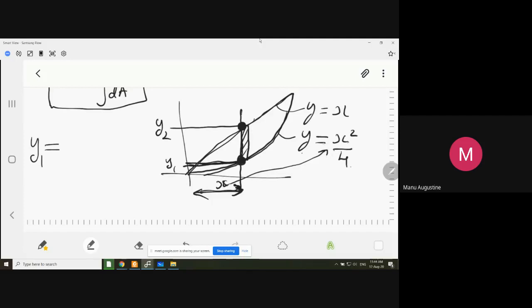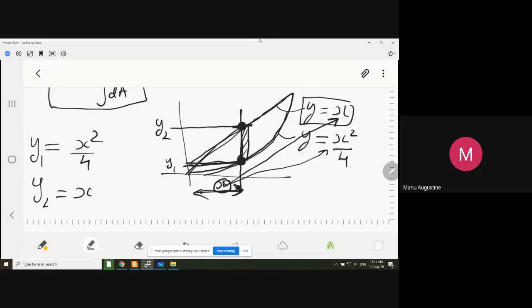So y will be simply x square by 4. So this is y1, and y2 will be, substitute this x in the formula of the straight line, because this y2 is lying on the straight line. And again, since we are substituting x only, substitution of x in place of x will make no difference. So y2 will be x.